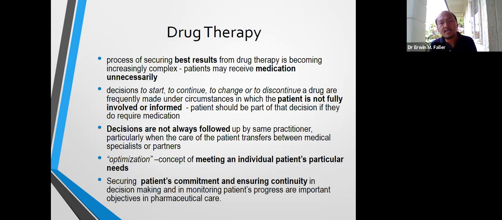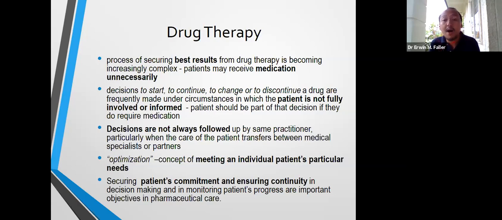There are some decisions of drug therapy, to start, discontinue, change, or continue a certain drug therapy, that are frequently made under circumstances in which the patient is not fully involved or informed. So we should inform our patient because they have the right to information. They should be part of the decision about their health.